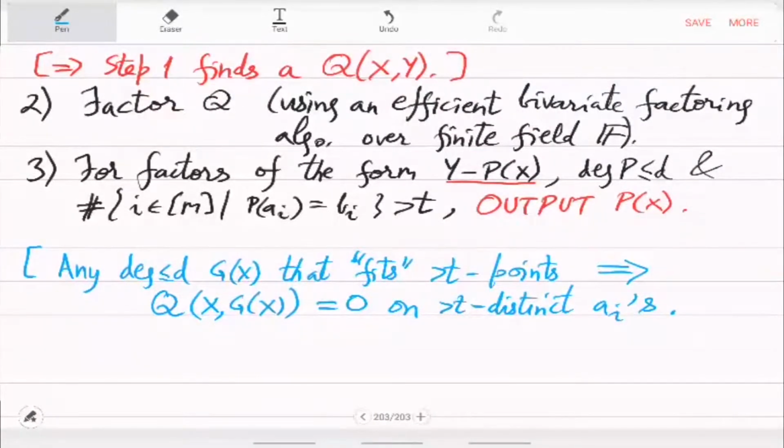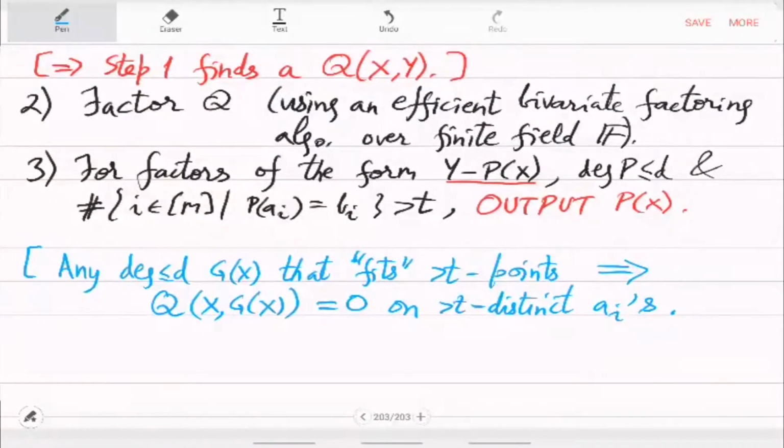Q will vanish at g(x) simply because when you look at (a_i, g(a_i)), g(a_i) is equal to b_i on more than t many a_i's, right. And Q fits that. So Q is vanishing, not completely, but on t many or more than t many values of a_i's.